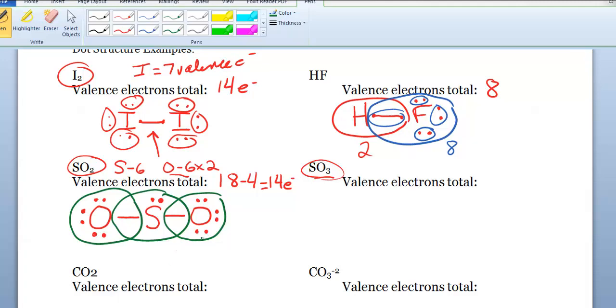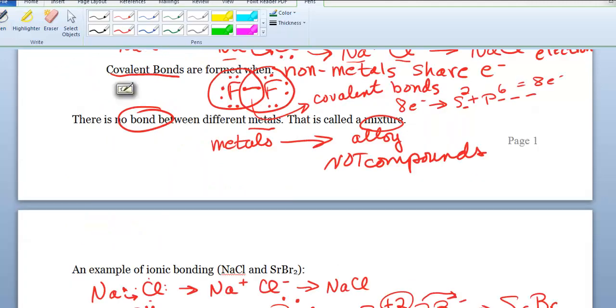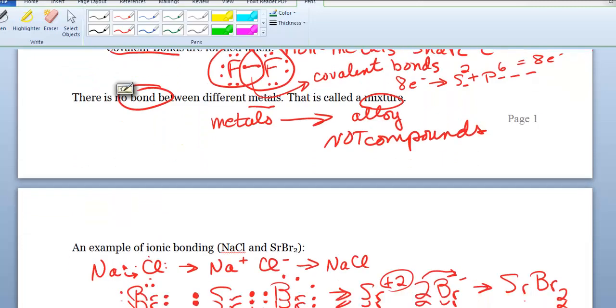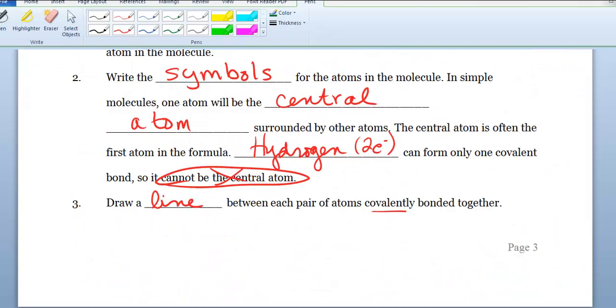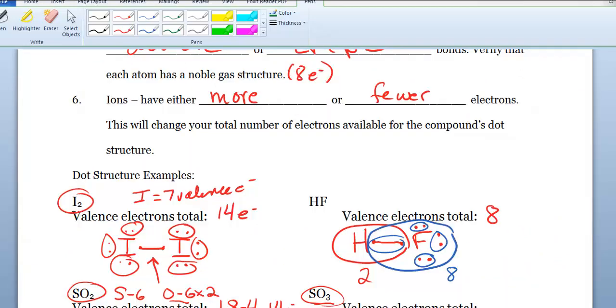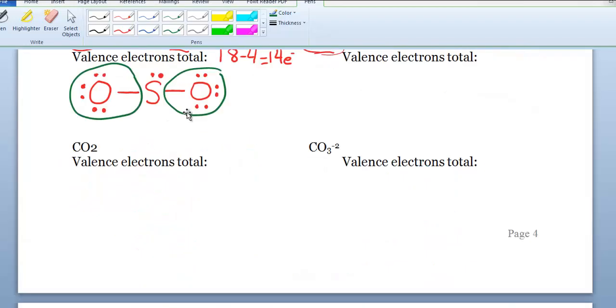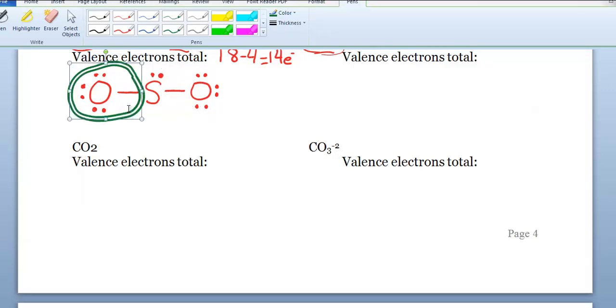So the only way that I can do it is to share another pair. So this is what I'm going to do. I'm going to begin sharing electrons between the atoms in the molecule here.